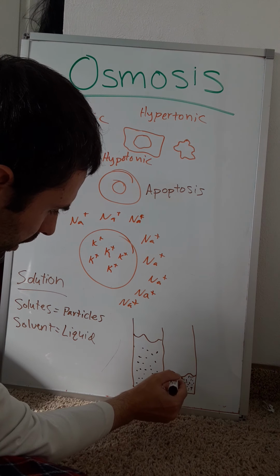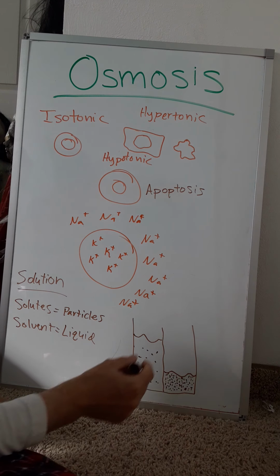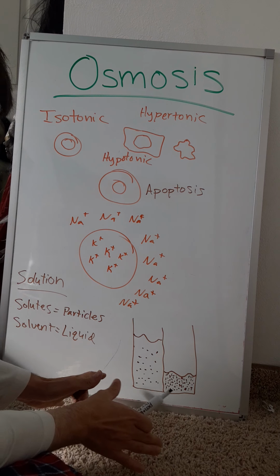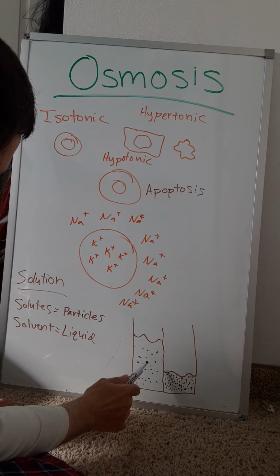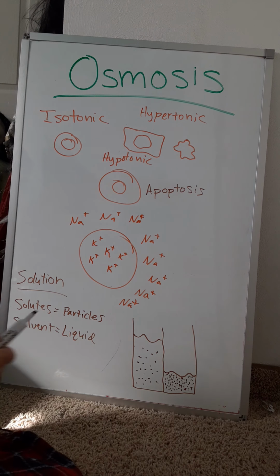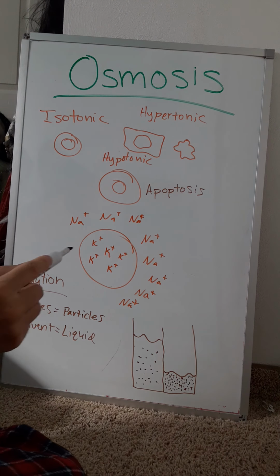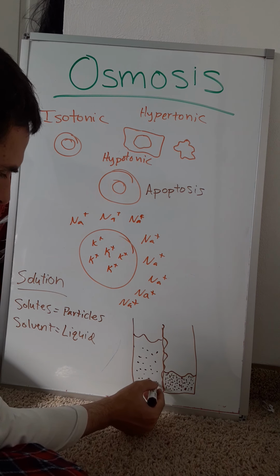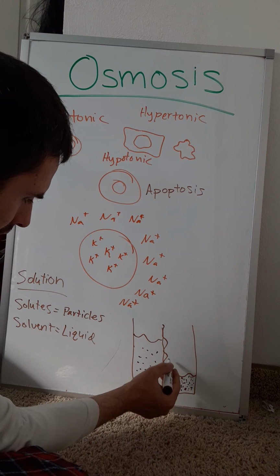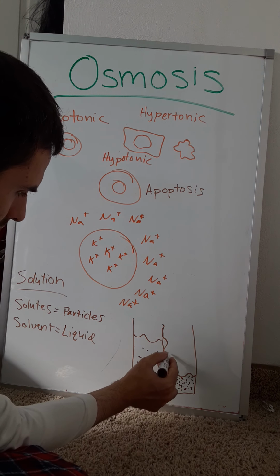It's going to want to equalize the gradient or the difference between the solute versus the solvent. So the concentration is going to want to make it the same. So this semi-permeable membrane is going to allow the passage of water into here to make it equal, okay?